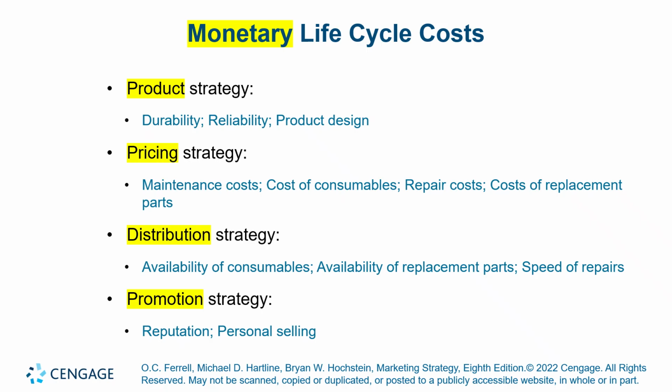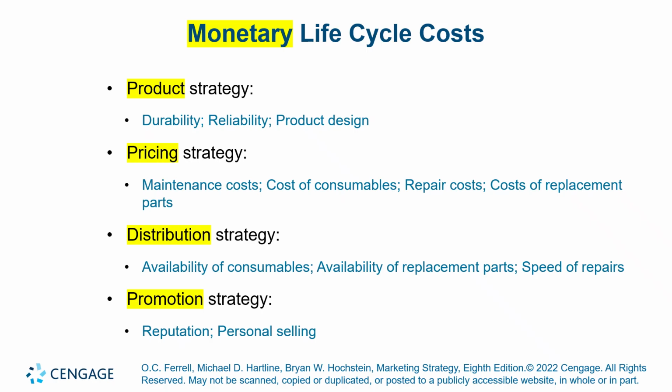Monetary life cycle costs. If it's a durable good, very durable and reliable, with good product design, you can actually reduce monetary life cycle costs to your customer. In pricing, maintenance costs, cost of consumables, repair costs, and cost of replacement parts all can help with reducing monetary life cycle costs.